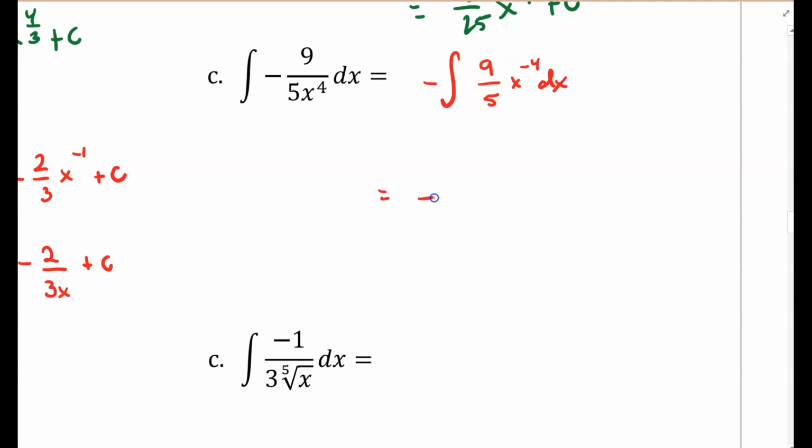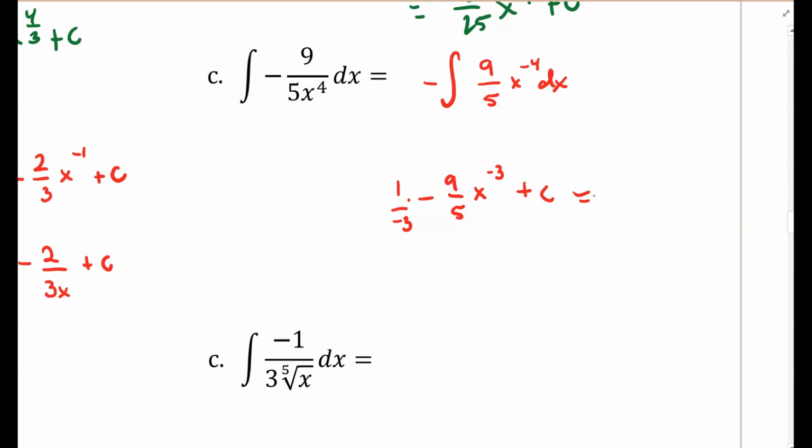So this ends up being negative 9/5 x to the power of -3, and I'm going to divide by -3, which we know is the same thing as multiplying by a -1/3. So plus a constant. Don't forget your plus c.